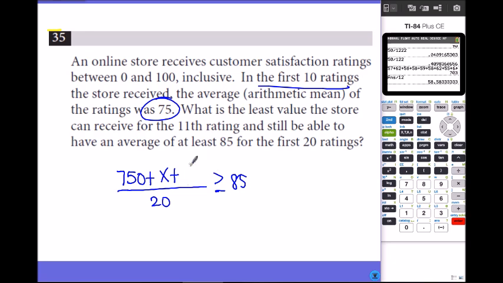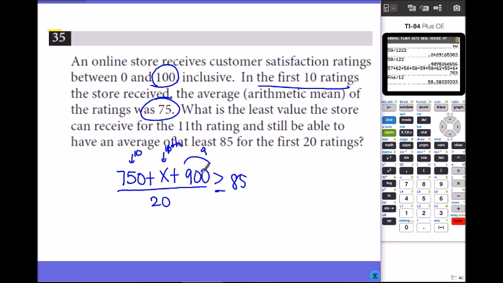So what's the greatest, the maximum rating you can give? 100 for the next 9. So here's the first 10, here's the 11th, and here are the 9 of them, and let's say they gave the best rating, because we are looking for the smallest number here. So that will be 100 times 9, which is 900.